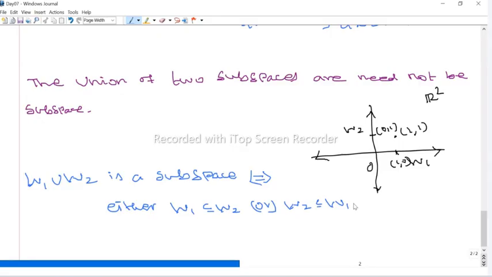Otherwise, the union need not be a subspace. This is a very important property. Sometimes we will get a subspace, but in general the union need not be a subspace.